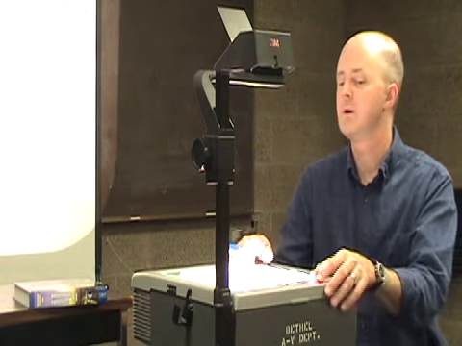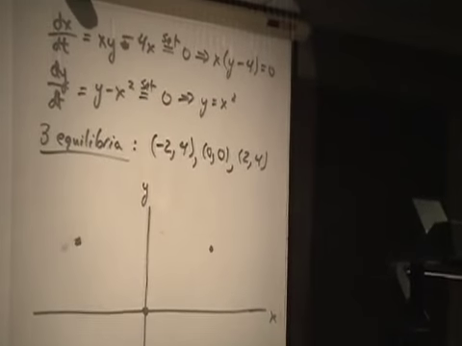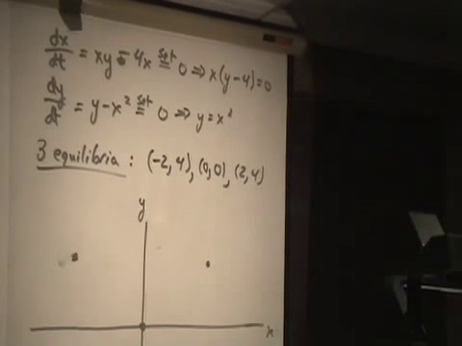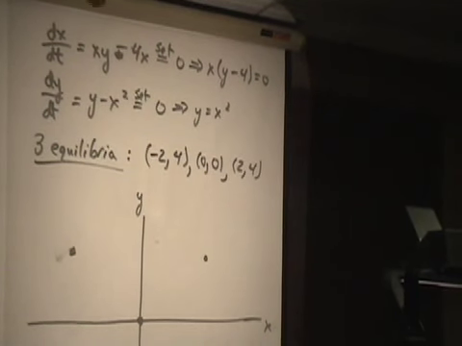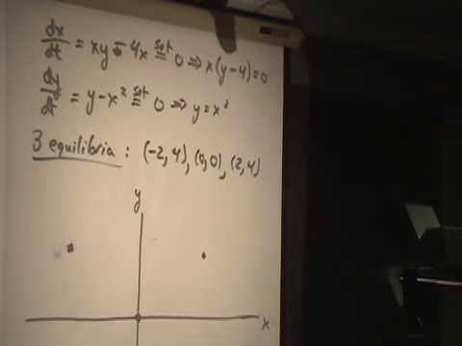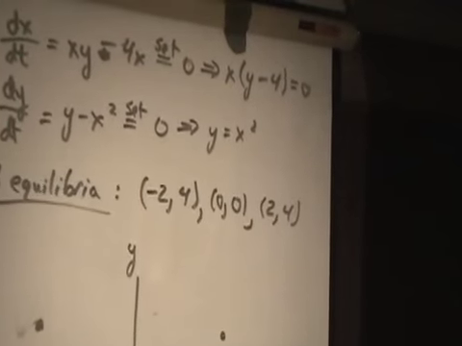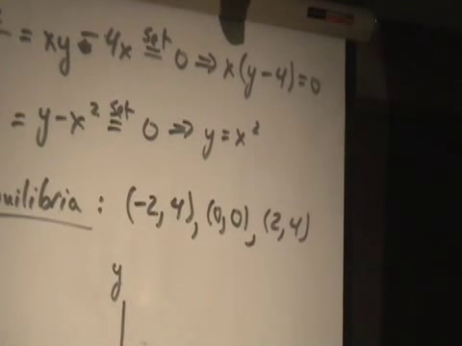How do you find the x nullcline? You set the right-hand side of the dx/dt equation equal to 0. When dx/dt is 0, that's going to be the x nullcline, where the instantaneous rate of change in the x direction will be 0. It's going to be when x is 0 and y is 4. But you don't want to think of those as points. You want to think of those as graphs in the entire plane.